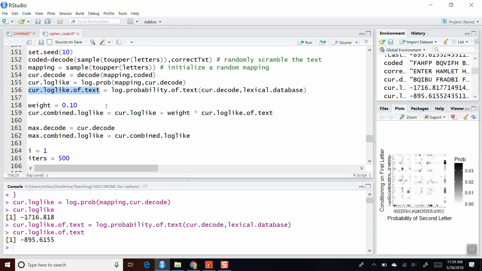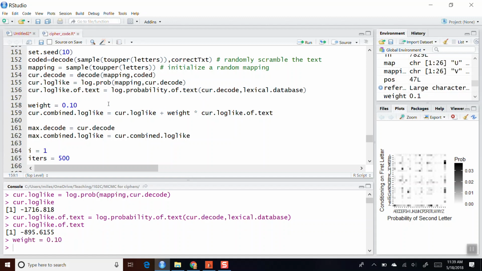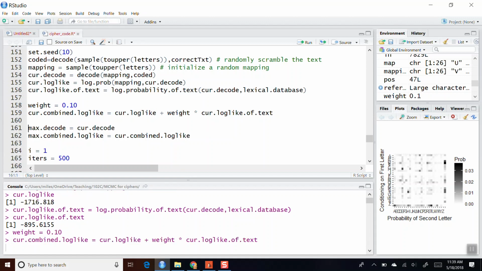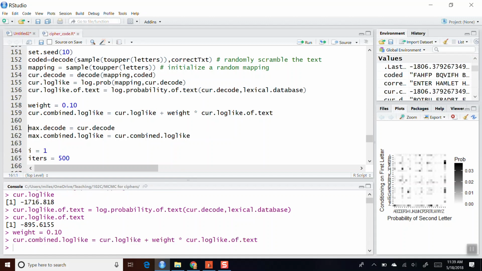We're going to combine these two. Here I have an adjusting weight to say which one of these is more important. I'm actually going to weight the word-based scores less than the two-letter probabilities. This is based on fiddling around with some stuff.